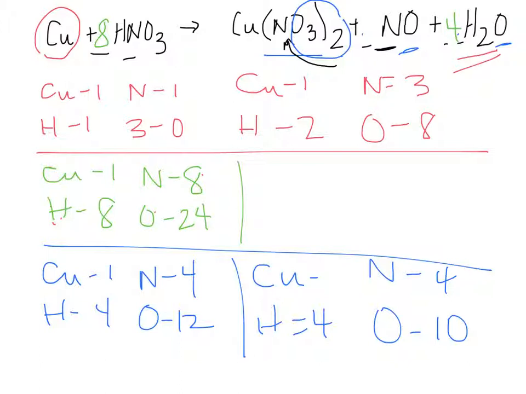And then nitrogens and oxygens, we need to increase our oxygens by a lot. So we know we need an even number NO, so I'm going to try putting a 2 there. And then see if maybe increasing my Cu number is going to help. Okay? But let's see where we are there.